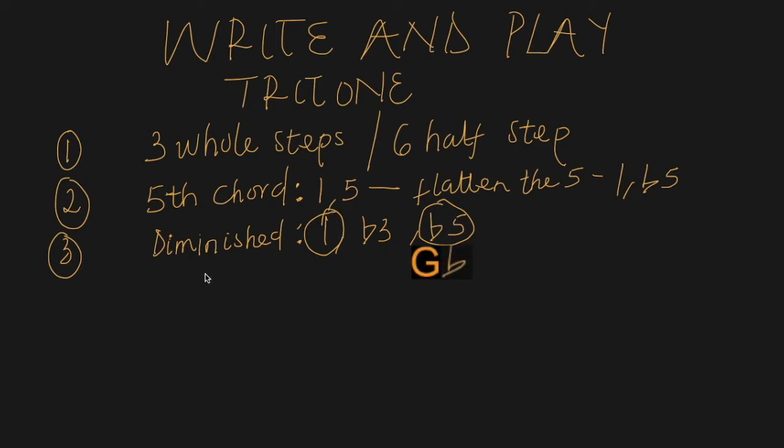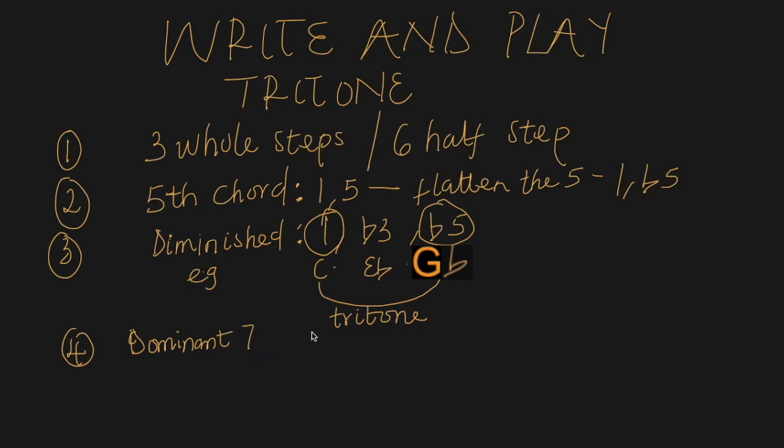The fourth way of recognizing a Triton is from a dominant chord. Dominant chord is simply the 1, 3, 5 and the flattened 7. Now, if I have a dominant chord, if I remove the 1 and the 5, I'm left with the 3rd and the flattened 7.